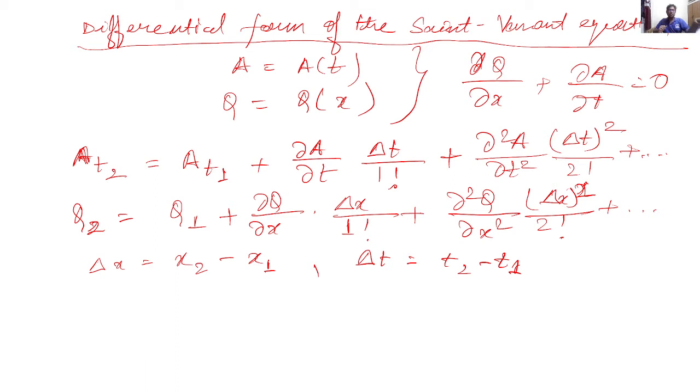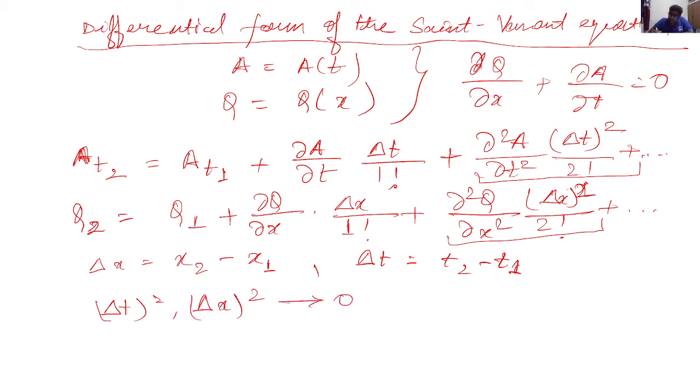So we will try to come to the Saint-Venant's generalized expression, or its integral form. Let's see how it is formed. We can neglect the higher order expressions of the representation for the cross sectional area and the discharge. Why can we neglect that? It's because the changes in the position or the changes in time are very slow, so delta t whole square as well as delta x whole square will tend to zero.